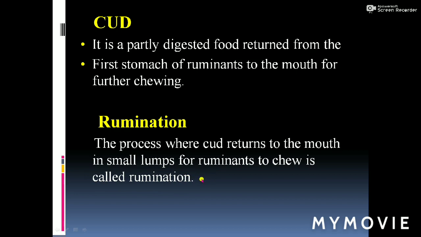Have you seen that? Watch minutely how it is chewing. So that process is known as rumination. I think it will be very clear to you. These words are very new for you, but you learn properly and write in your notebook.